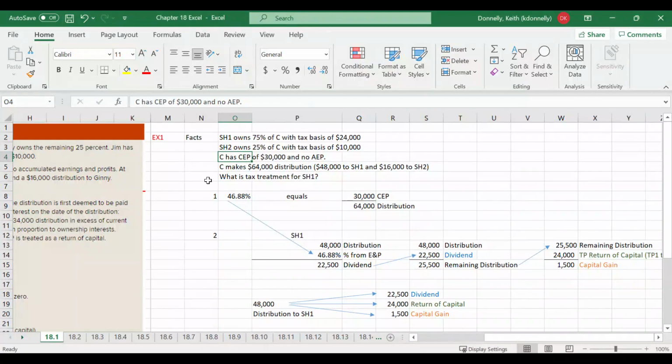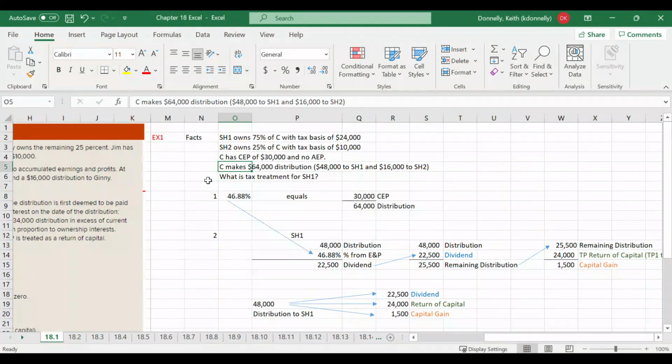So the corporation had taxable income, made adjustments to arrive at current E&P, and that amount was $30,000. Then the corporation makes a $64,000 distribution, of which $48,000 went to shareholder one. What is the tax treatment for shareholder one?